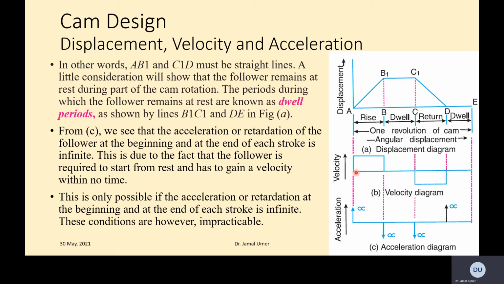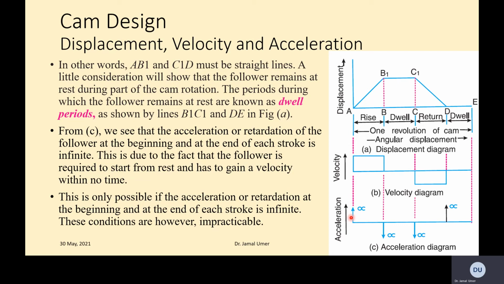At 0, we had 0 velocity, and in no time it achieved the maximum velocity, which was the design velocity. If within no time something goes up with such a velocity, it will certainly have an infinite acceleration. So this velocity diagram requires to be changed because this is not practically possible.